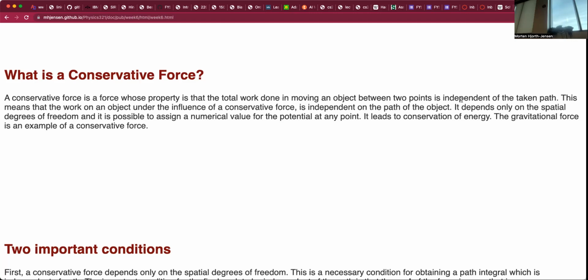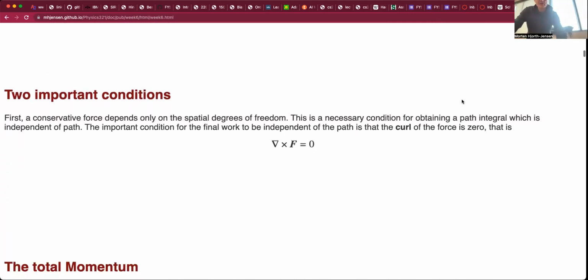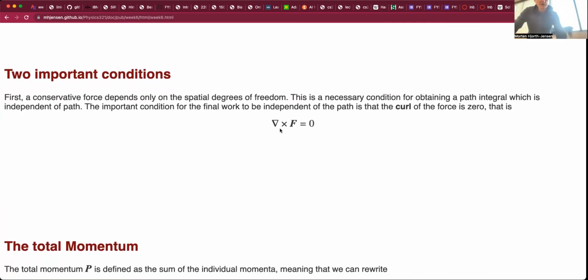So there are two important conditions. And these are conditions which we are going to play around with. One of these is that the curl is equal to 0, and the other is that the force depends only on the spatial degrees of freedom. The dependence on spatial degrees of freedom is a so-called necessary condition, and the curl being equal to 0 is actually the important condition.